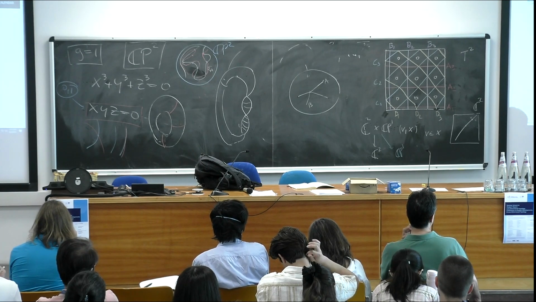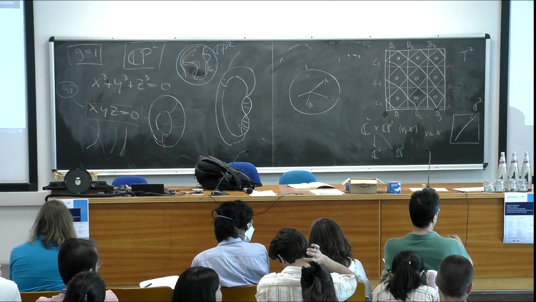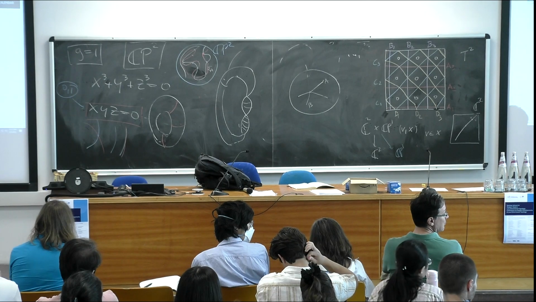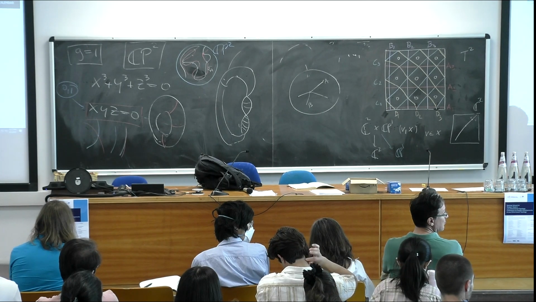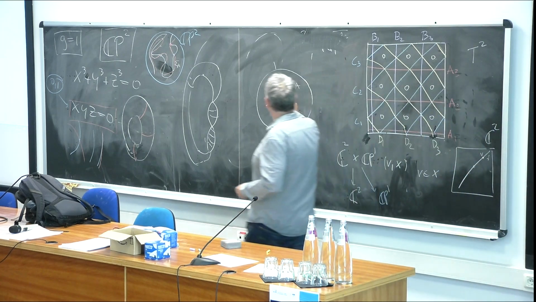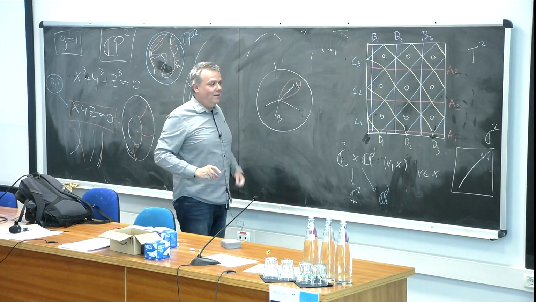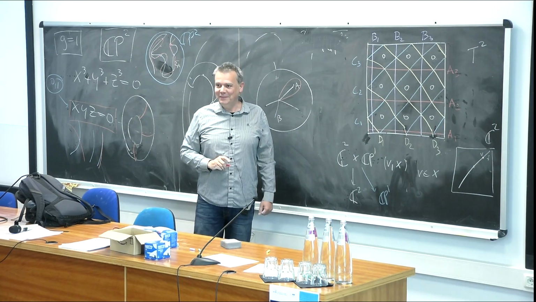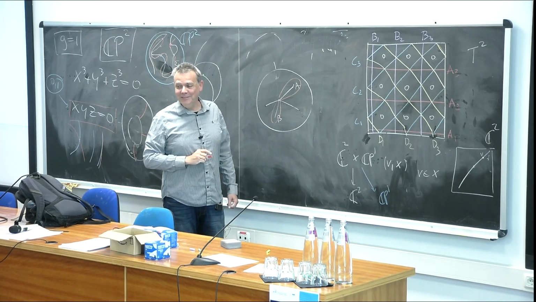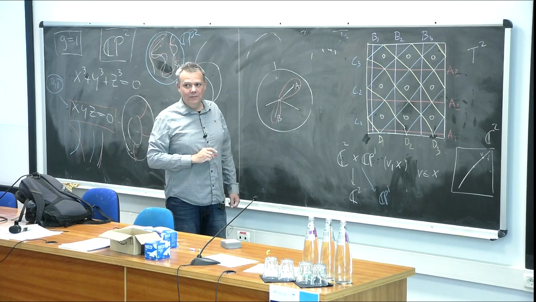I'm still confused because if you have a singular fiber like that, it looks like the monodromy is always something to the power of 3. That's right. This monodromy is using A1, A2, A3. This monodromy will be B1, B2, B3, right? But the other 2 singular fibers are not like that.